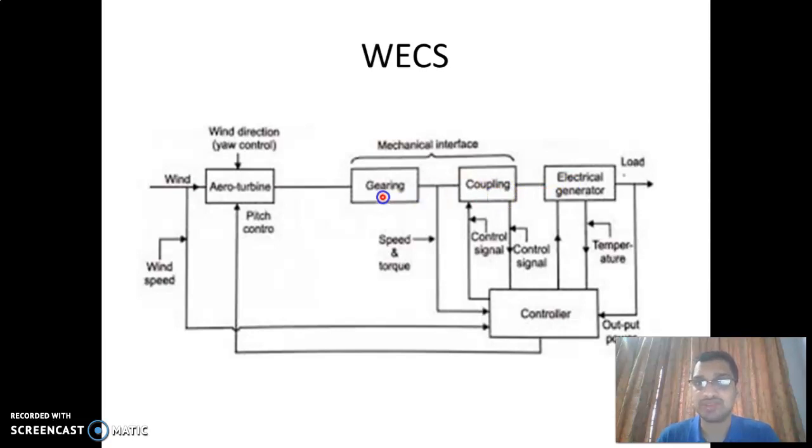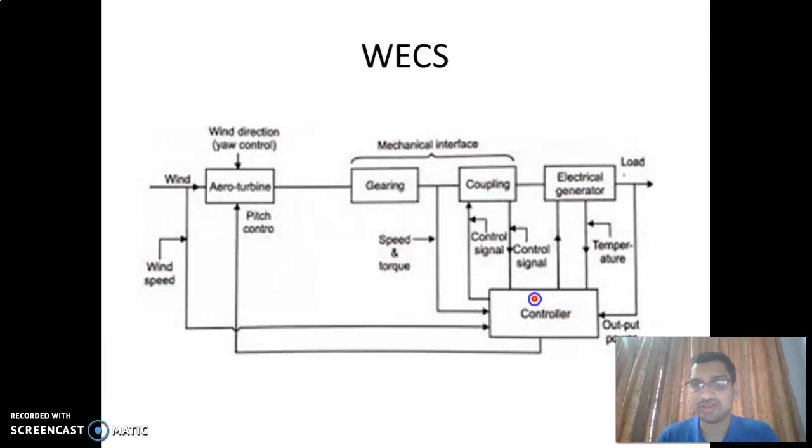That's why a gearing system is used to control the speed of the shaft, and it protects the electrical generator. Coupling is the device which couples the turbine and electrical generator. The electrical generator converts the mechanical energy into electrical energy.